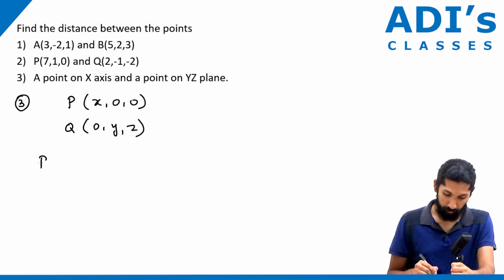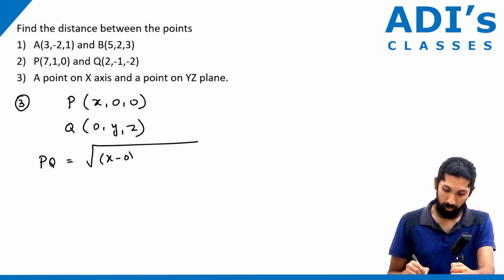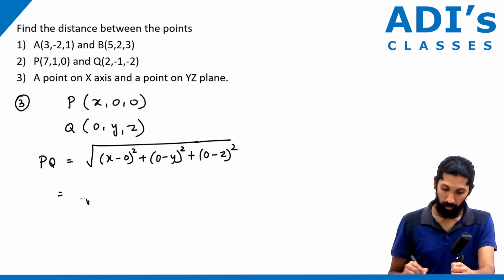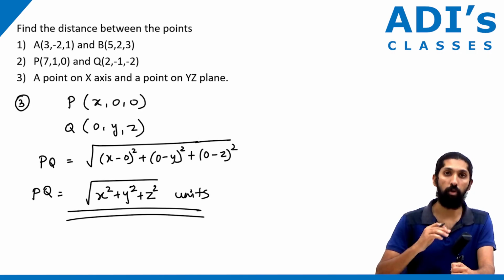Now we are looking at the distance between P and Q. So PQ will be root of x minus 0 whole square, 0 minus y whole square, plus 0 minus z whole square. Root of x square plus y square plus z square. So PQ is going to be so many units. That's all.